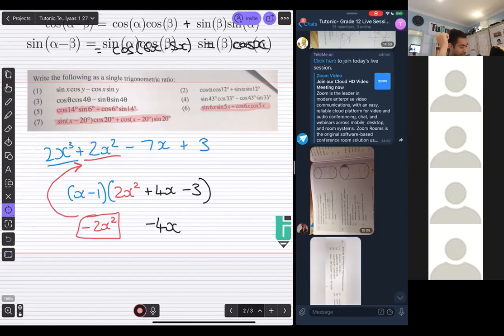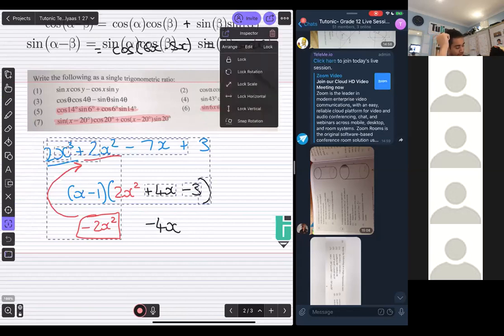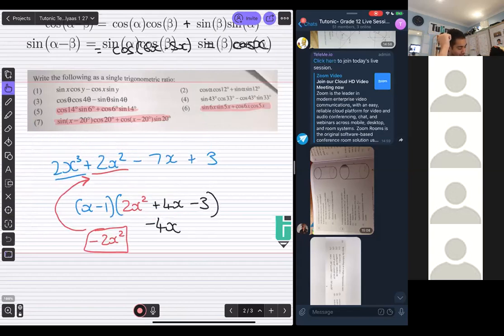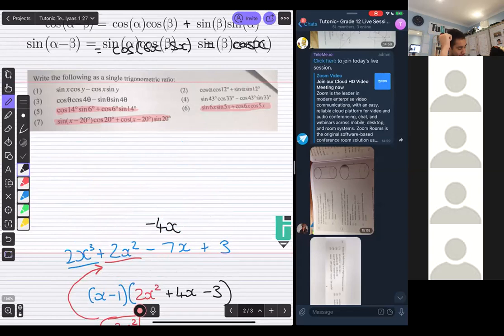So how would you do it using synthetic division? You write down the factor on the left. First you must draw the L, a backward L. Like that, or like that?